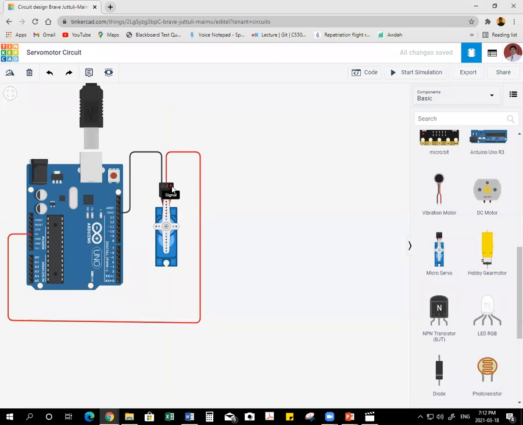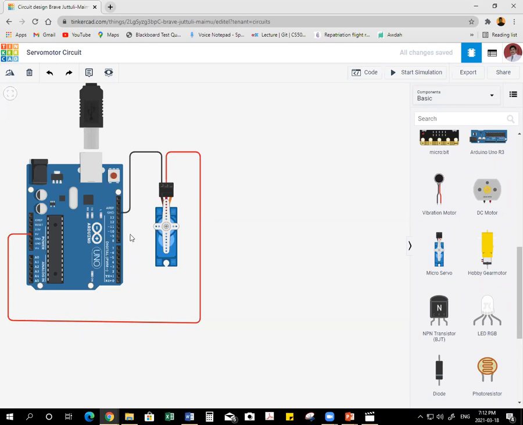Now the control. The control should be given from one of the digital pins or analog pins. It should be an analog pin. If you give from the digital pin, then it will start and stop. That's it. It will start by default with 5 volts, it will go some angle and it will stop. But we need to move the servo in steps from 0 degrees to 180 degrees.